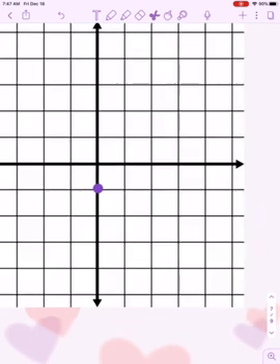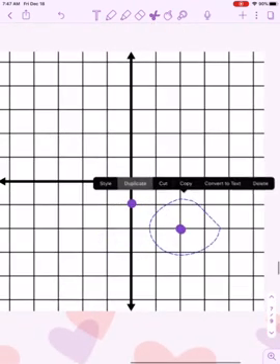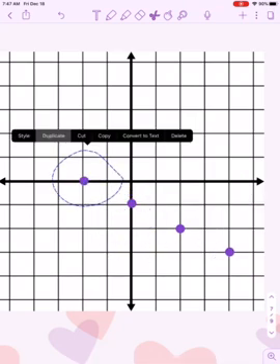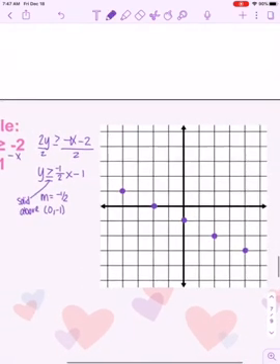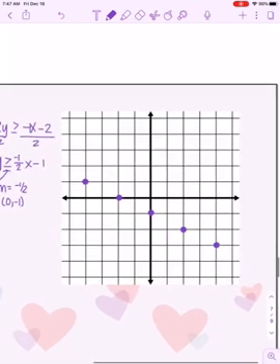So start at negative 1. And then a negative 1/2 slope tells you to go down 1, right 2. The opposite of that is up 1, left 2. And it is solid because of the line underneath, so go ahead and connect them.